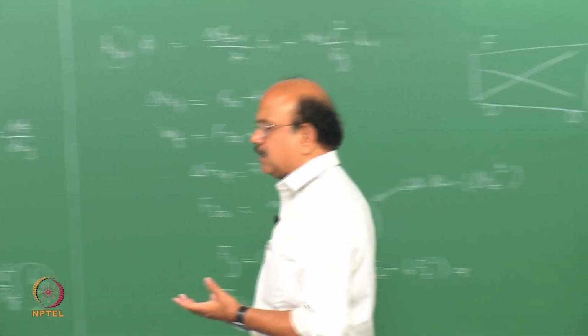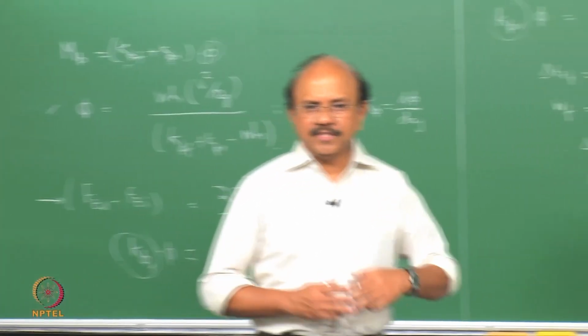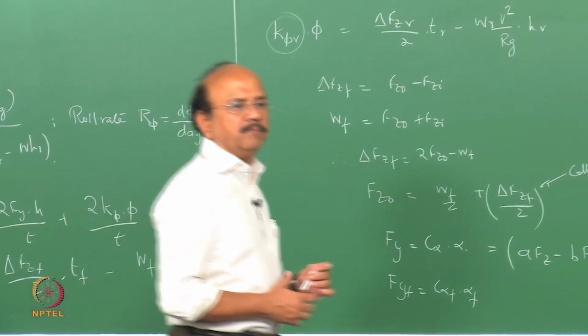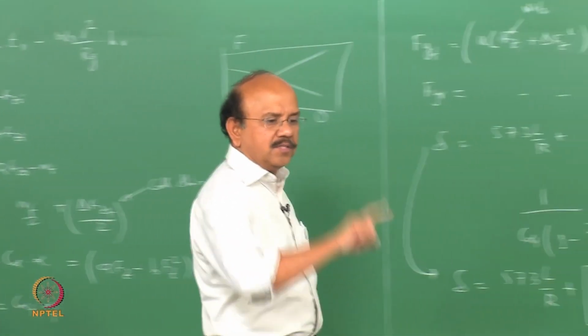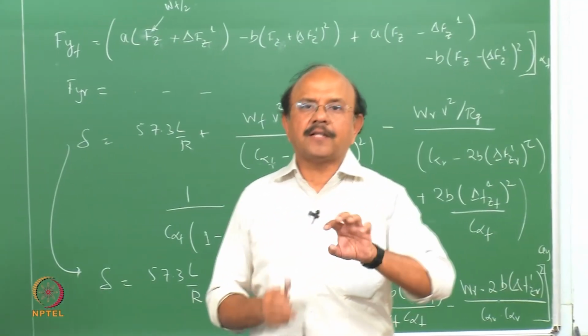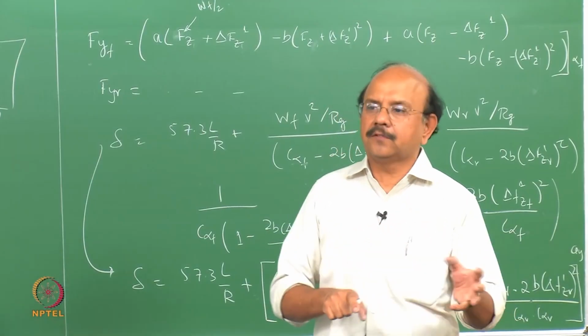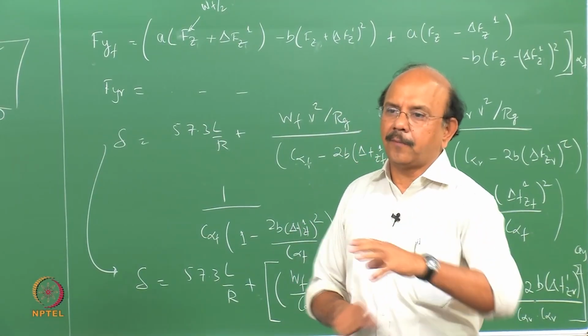People sometimes call this a transient understeer or a transient oversteer, because in the transient region between running straight and taking a turn, okay, the roll develops. It's not that immediate, as soon as you give the steering, it's not that the roll is immediately going to develop. It's going to take time. So it's going to develop as you travel.